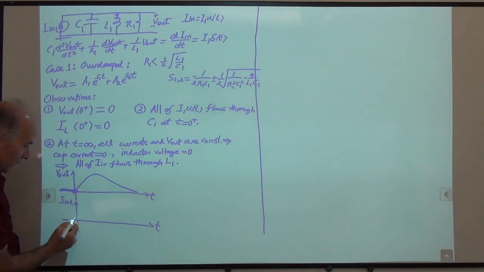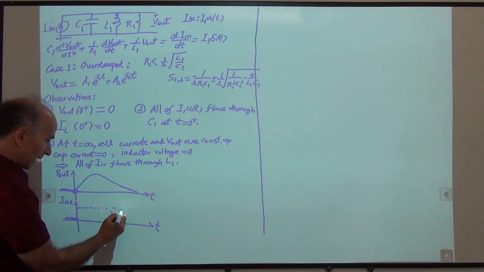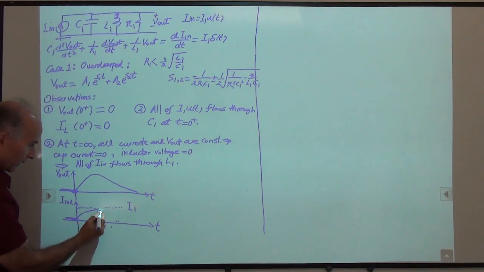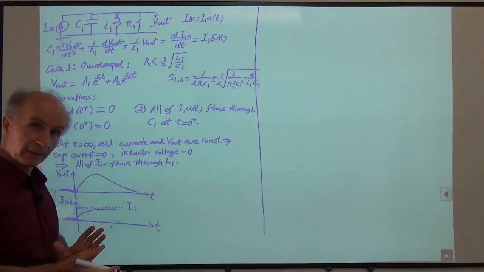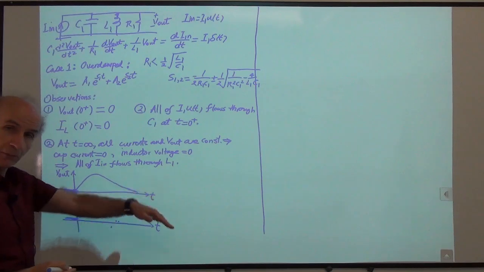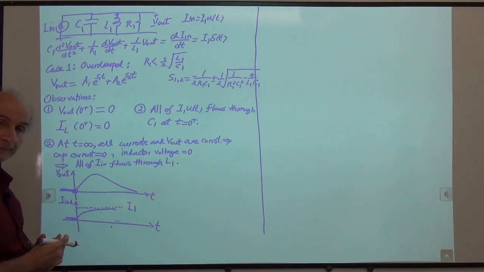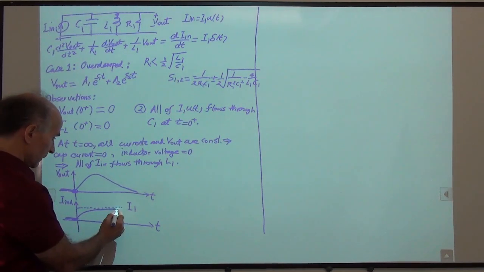So it looks like this. Starts from 0, and then it reaches a value of I1 at time infinity. Now, again, we don't exactly know how it gets there. It could be that it goes up and down before it reaches there or not. If it's an overdamped response, it probably goes like that. Okay, so that's the inductor current.